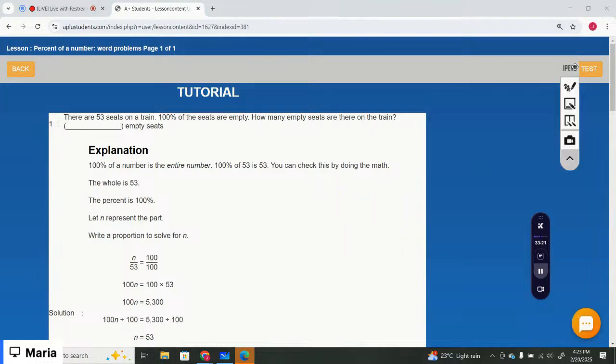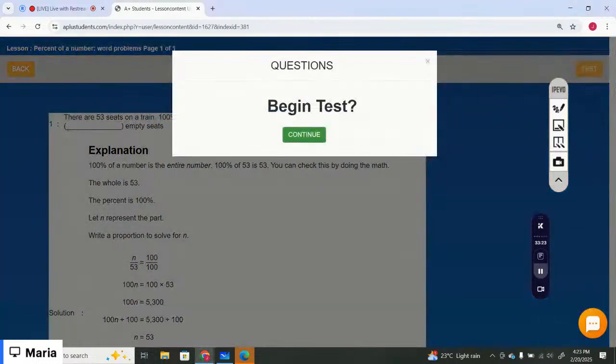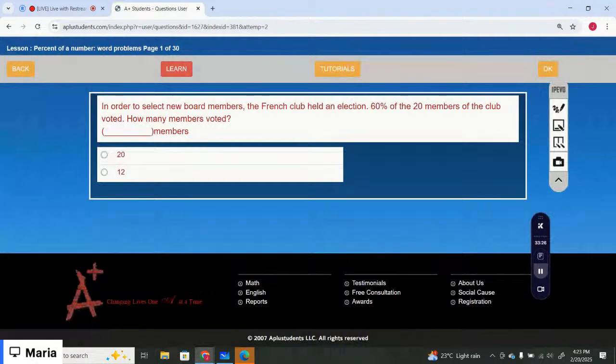Okay, let's just start with the test questions. In order to select the new board members, the French club held an election. 60% of the 20 members of the club voted.